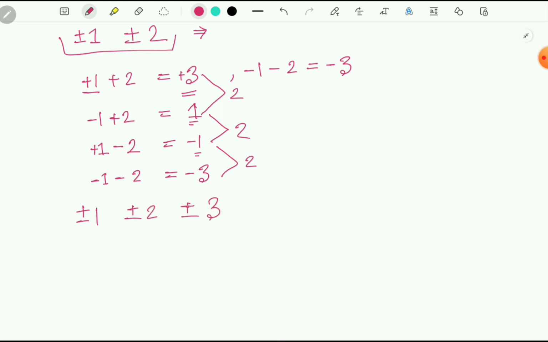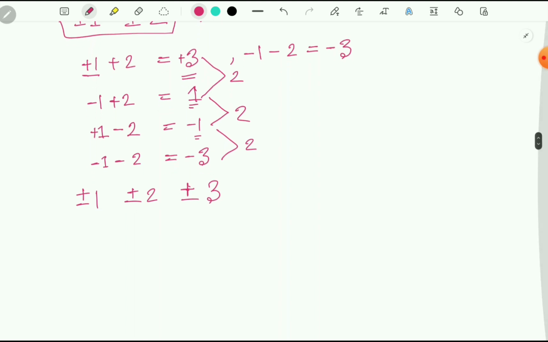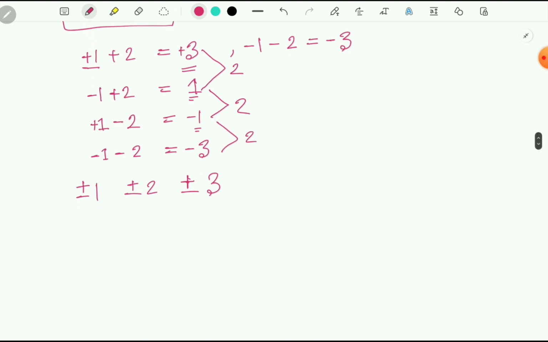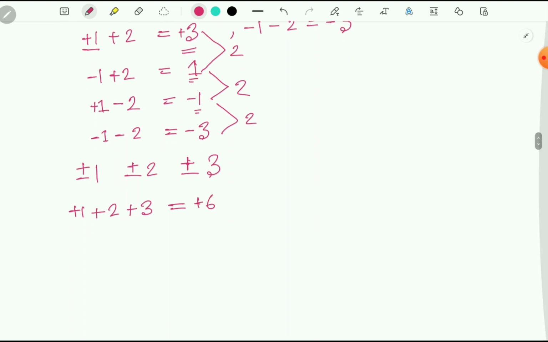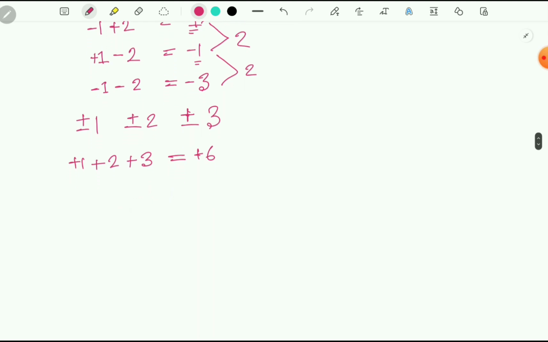So let's consider these 3 values. They can give us a maximum number, the summation of these 3 values, plus 6. Then if we want to find how many different numbers we can get by changing the signs of these 3 values, let's start with 1 plus 2 plus 3.